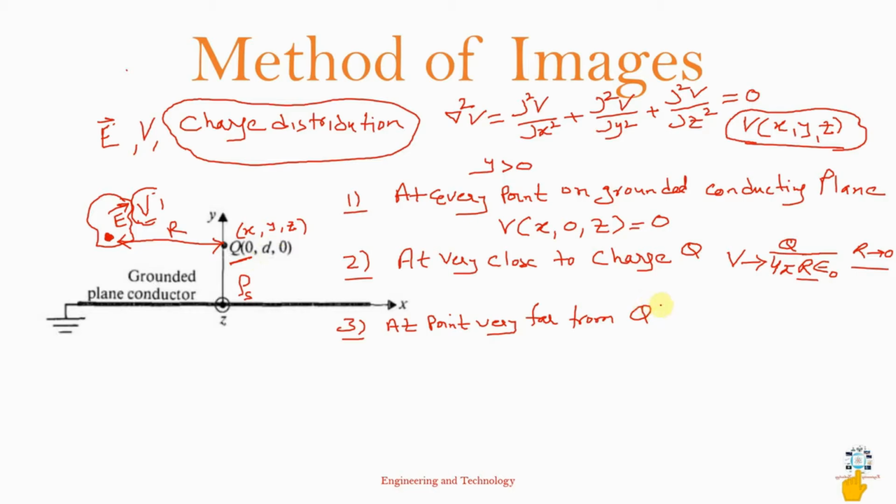This means when x approaches plus or minus infinity, y approaches only plus infinity, not minus infinity, and z approaches plus or minus infinity, at points very far away from the charge, the potential V(x, y, z) should be equal to 0. This is the third condition.